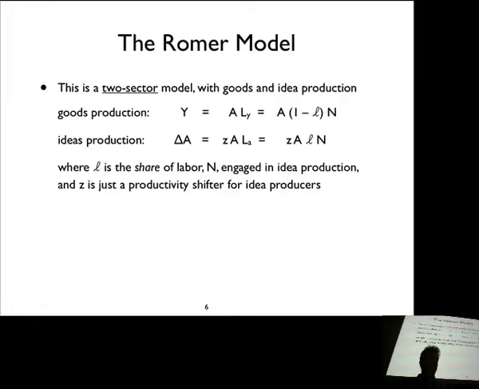Okay, so the magic, how do you solve this model? Well, like I have said, it's about solving for the endogenous intermediate input that's produced. In this case here, it's solving for uppercase A, the stock of ideas. In the Solow model, it's solving for uppercase K, the capital stock.